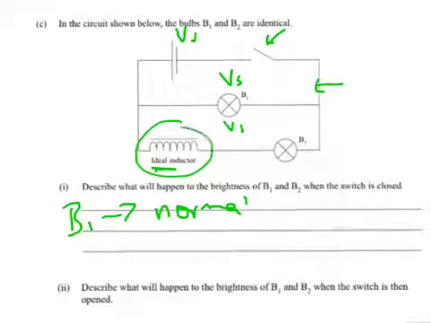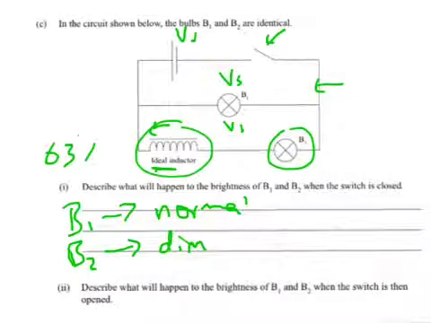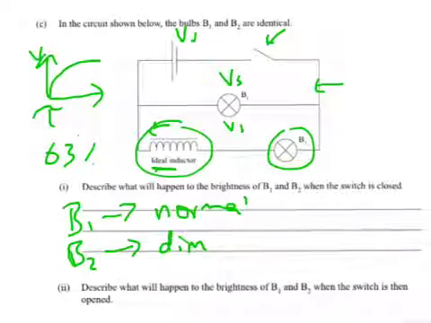However, with this ideal inductor in section 2, there's going to be an induced EMF which opposes, that's going to mean B2 is dim, goes from dim, and it takes time according to the 63% change from the time constant of inductance voltage. Actually, it goes the other way, doesn't it? Because it's going to start from maximum and then drop by 63%.